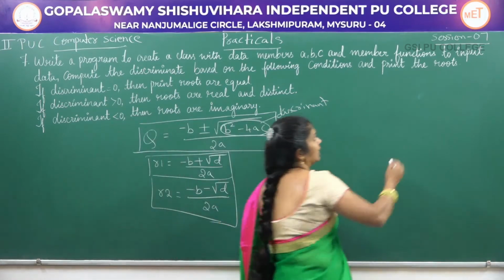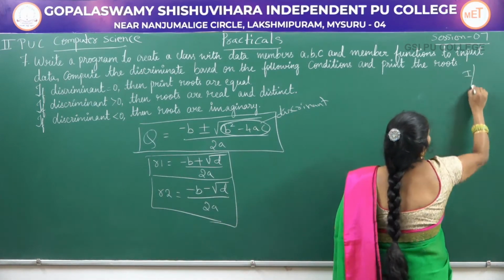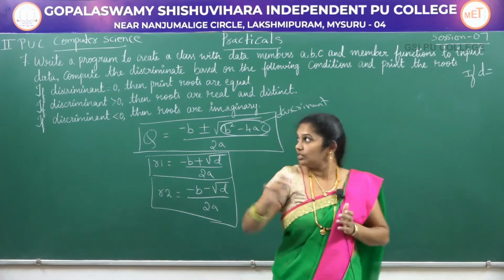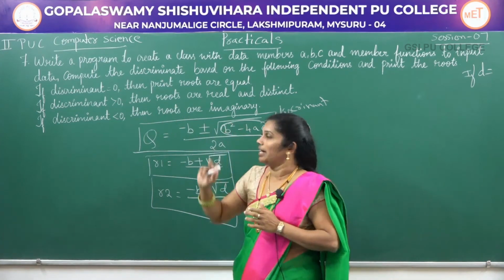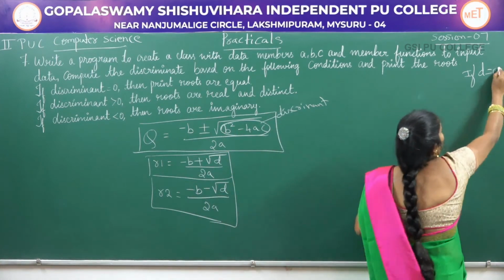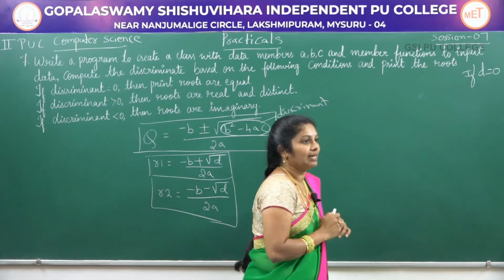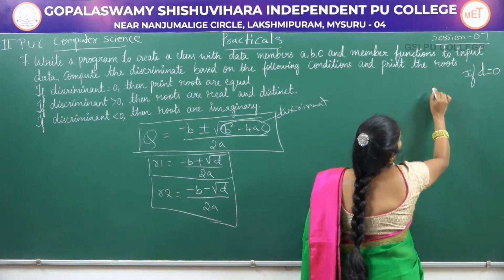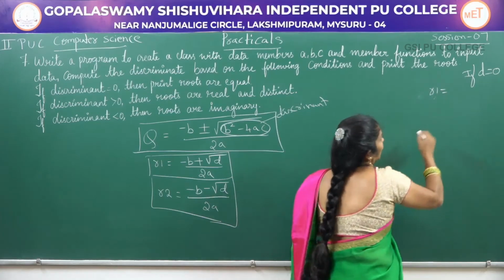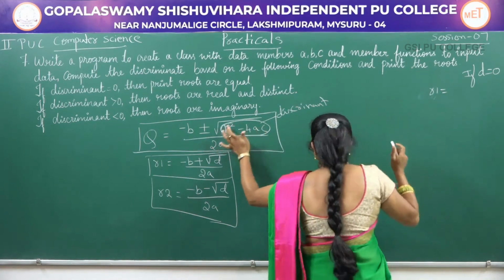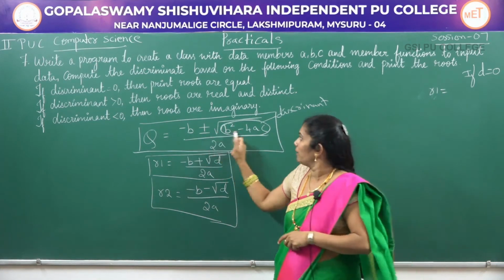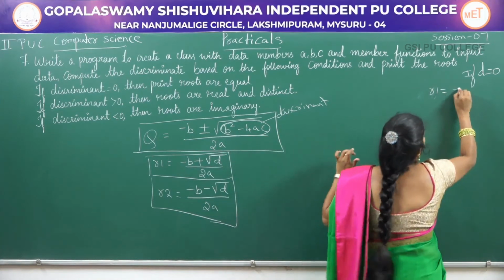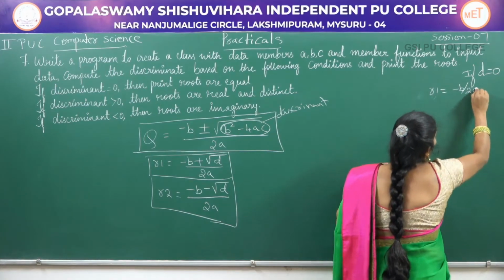Once again I will recall all the things. See the question: if the discriminant equals 0, then what does root 1 represent? If b square minus 4ac is 0, then root 1 equals minus b divided by 2a.